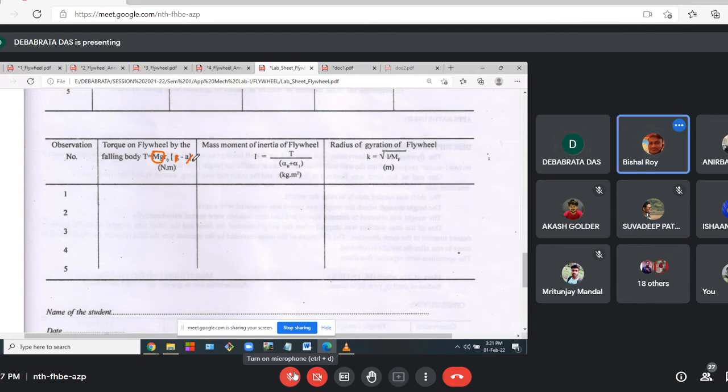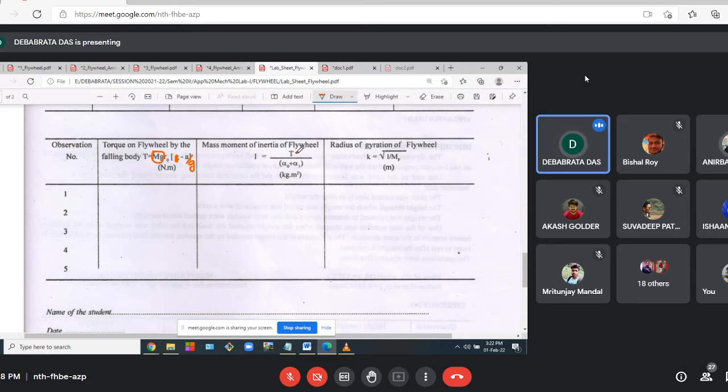Otherwise, dimensionally it should also give a unit of torque. W into R naught is a unit quantity, but this would be no unit. So this will be 1 minus a by g. Make this correction.